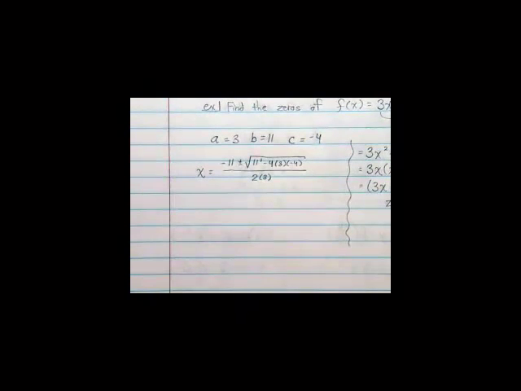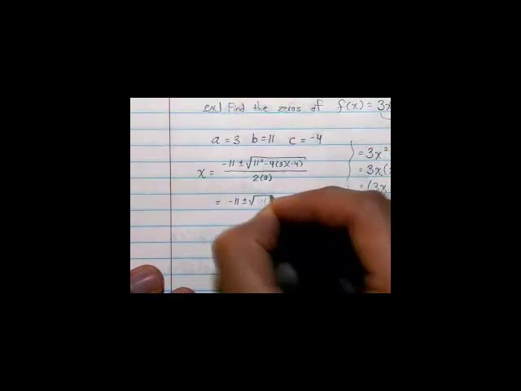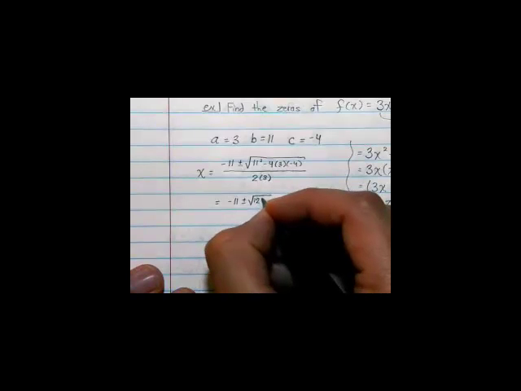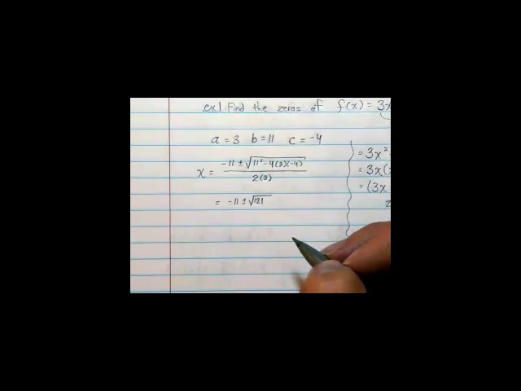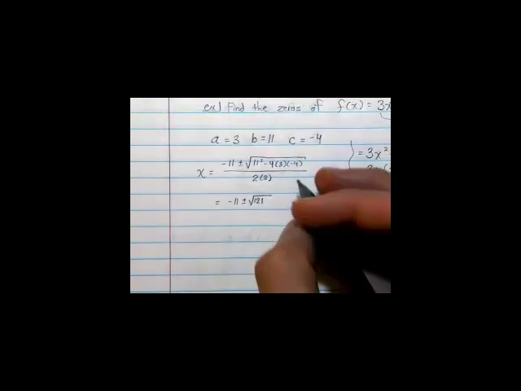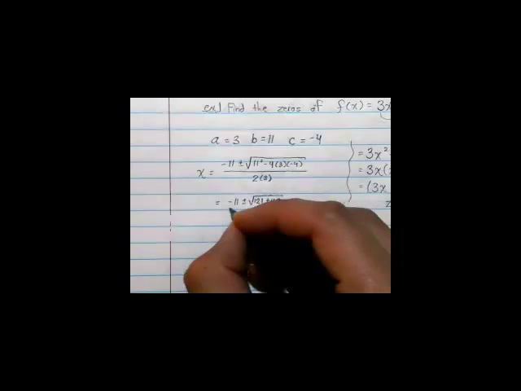When working with the quadratic formula, to be safe, just do the part under the square root first, get that down to one number, and then from there it's usually not too bad. So negative 11 plus or minus the square root of 121, 4 times 3 times 4 is 12 times 4, so 48. So plus 48. And all of that divided by 6.